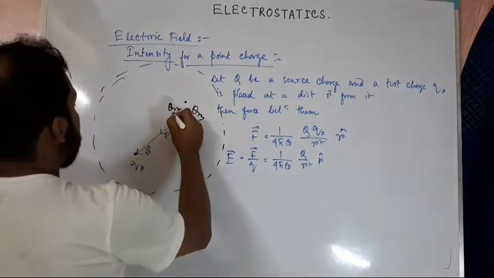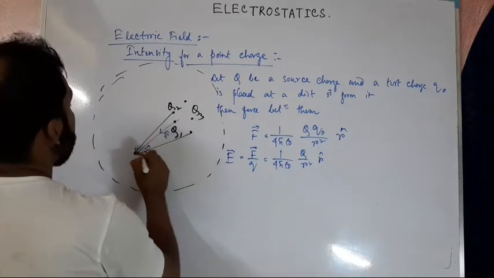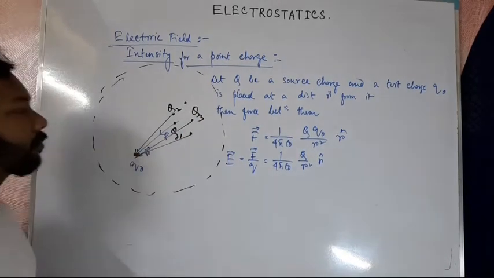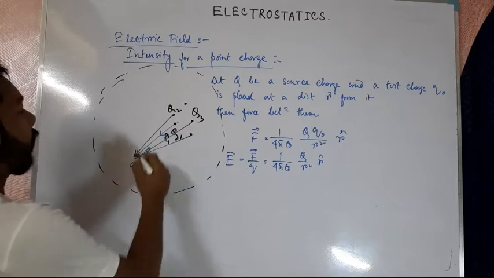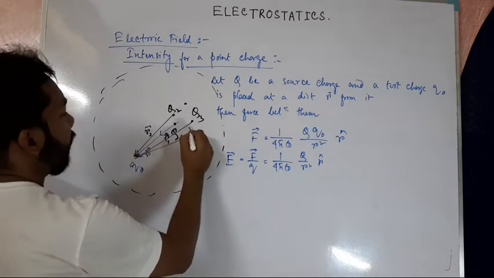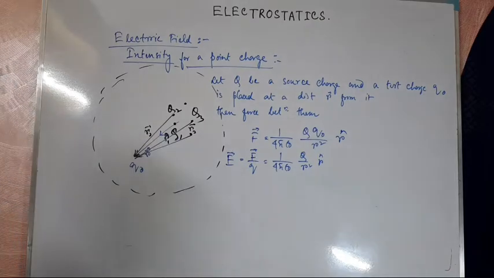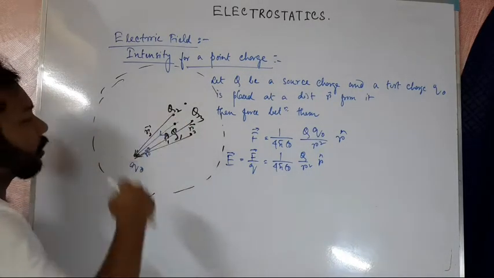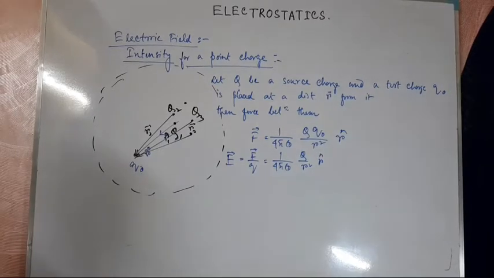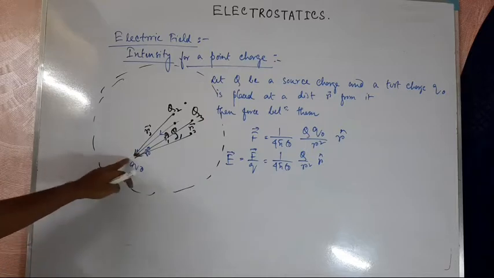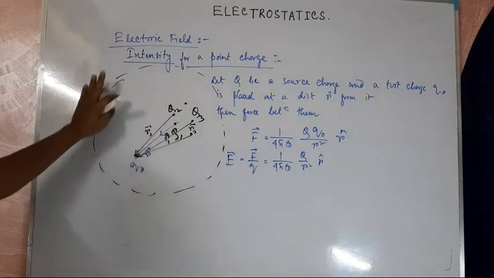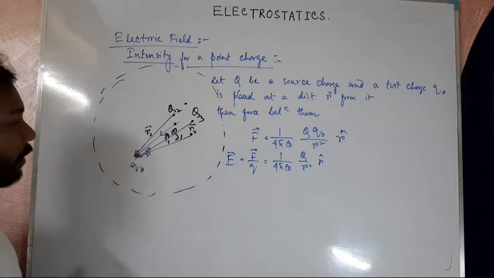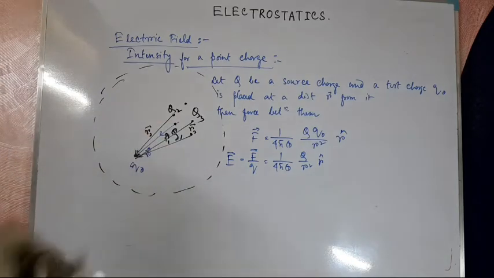We need to find the distance from all the different charges, and let us write them r1, r2, r3, etc. Depending on the nature of these source charges, they will exert force, and we have to find the electric field at that position produced by these source charges. I am erasing this because it becomes a bit clumsy, and drawing it again.